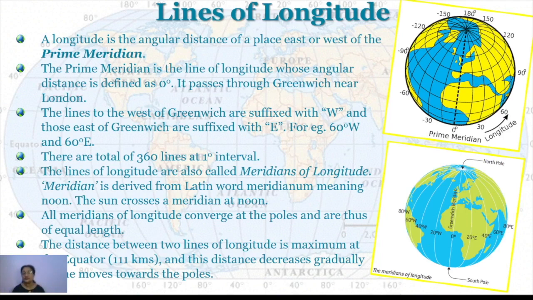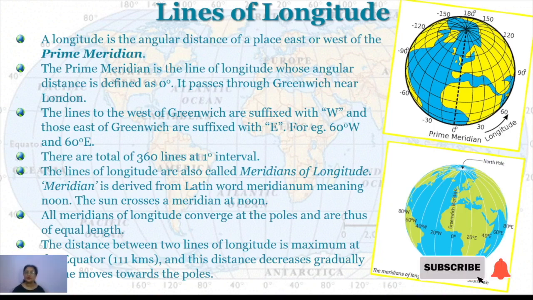How many lines do we get in that way? We are going to get in total 360 lines. The same thing is happening here also. On Earth, when we draw the vertical lines at every 1 degree, we get in total 360 longitudes.